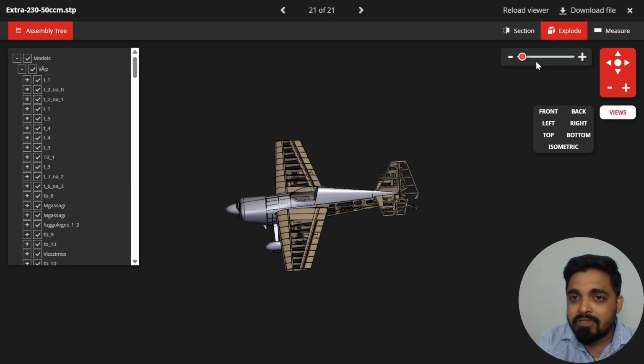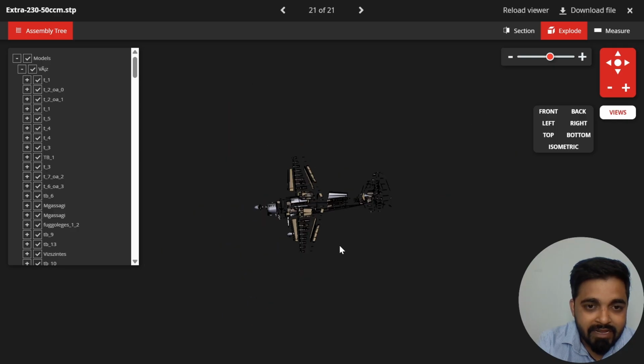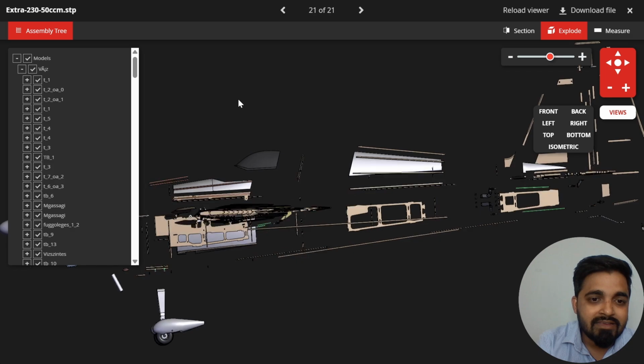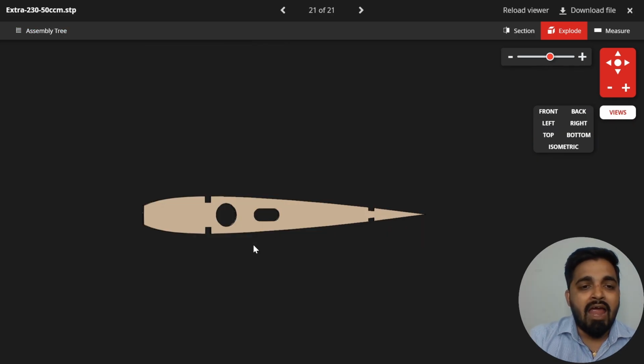Let's explode the same aircraft and find all the airfoils. As you can see, there are multiple airfoils across the wing. All these minute parts across the wing are called airfoils. This is the complete airfoil of the wing, and this special shape is what creates lift.